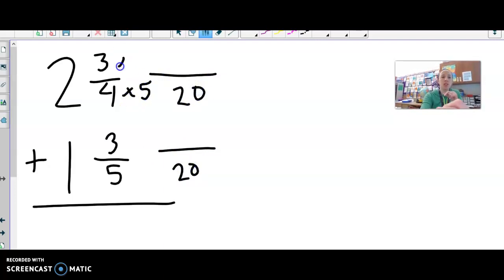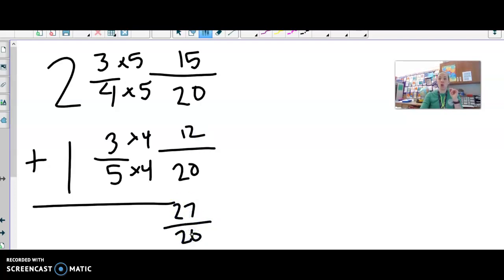This one's times 5. This one times 4. If I add them, I get 27/20. Uh-oh, I got an improper fraction. What do I do? Because I don't like having a mixed number with an improper fraction. That's weird, right? I kind of want one or the other.